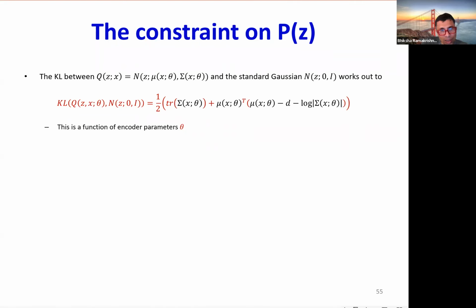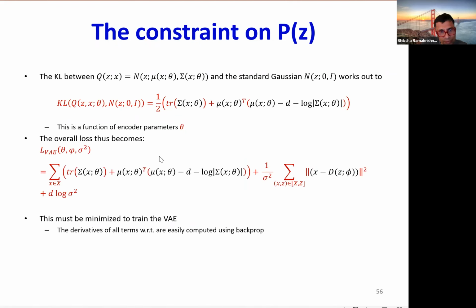And so you got the overall objective: this is the log likelihood of the data, which you're going to be maximizing with respect to both phi and theta, and this is the Kullback-Leibler divergence, for which we have a formula, between the Gaussian encoded by the encoder and the standard Gaussian.